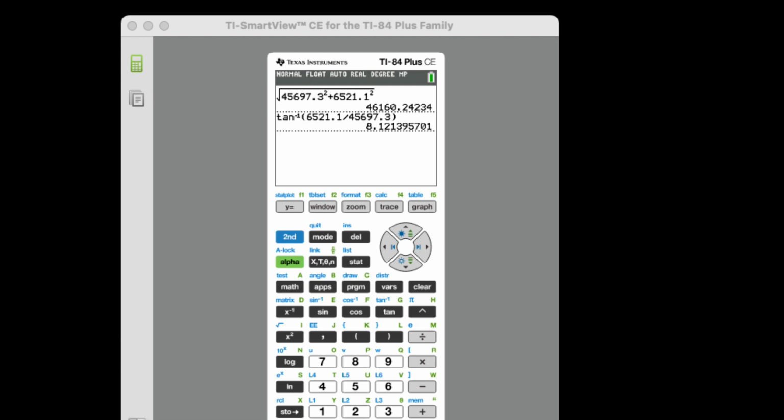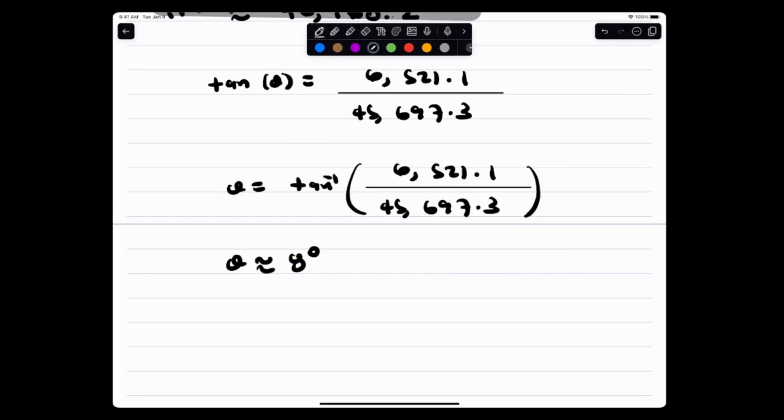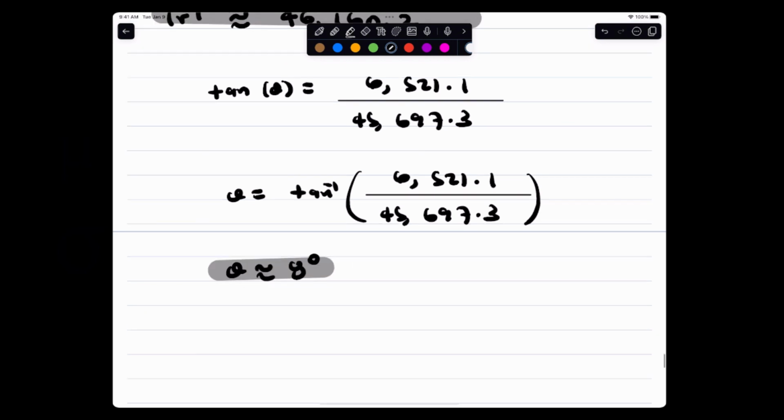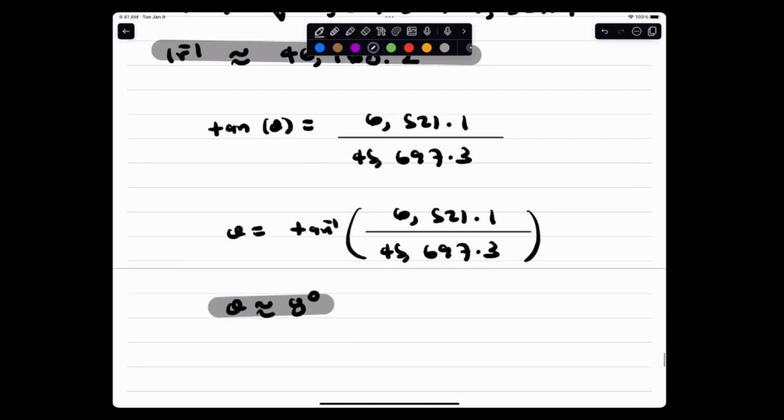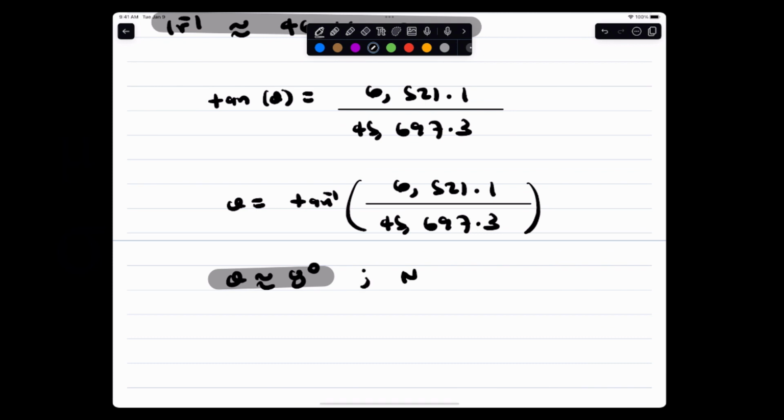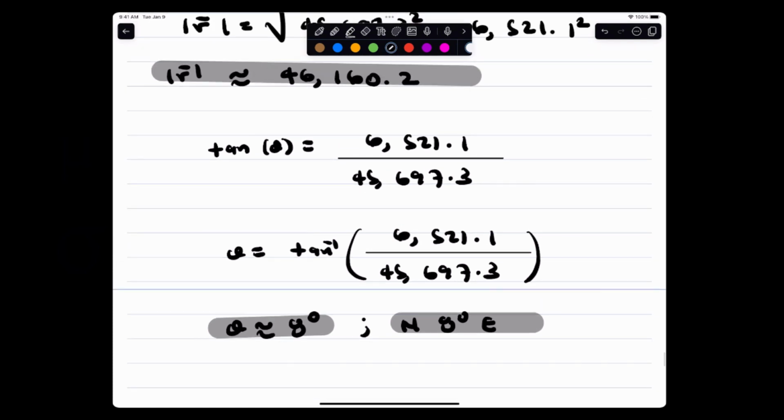So this is approximately 8 degrees now. So remember, was that northeast? Yes. North, 8 degrees east. That's the bearing. And this is the force, 46,160.2 pounds.